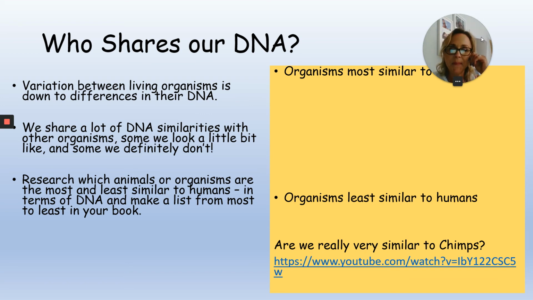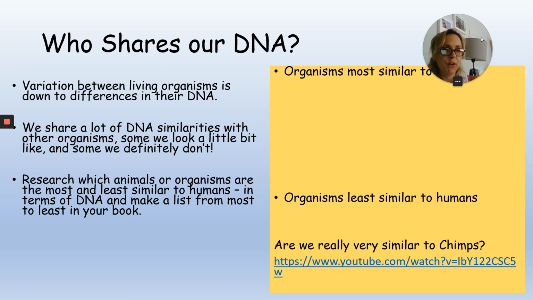So what I would like you to do, and there is a YouTube video that I've found, and it discusses the whole relationship to chimps. They are our closest ancestor, and we are most closely related to them. But in terms of DNA, really worlds apart because of so much change through evolution, through so many years and so many generations of both species.